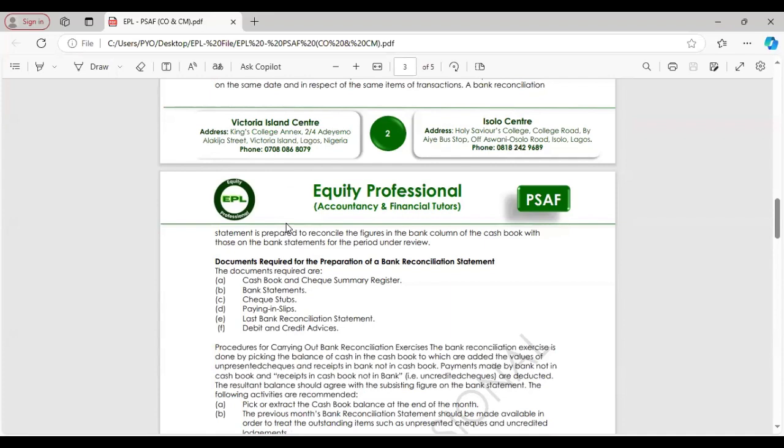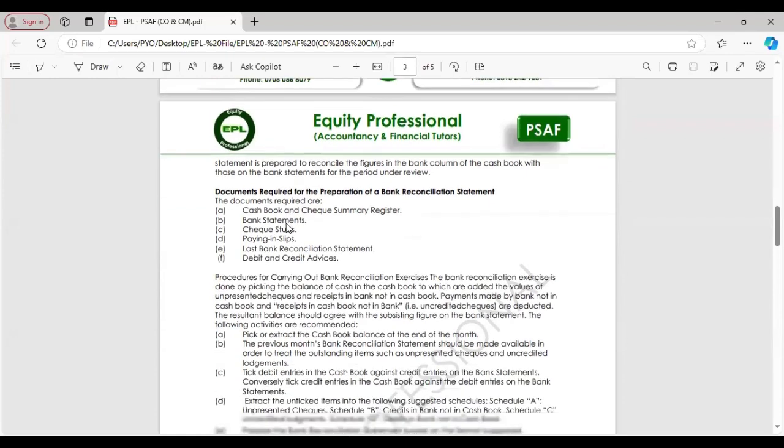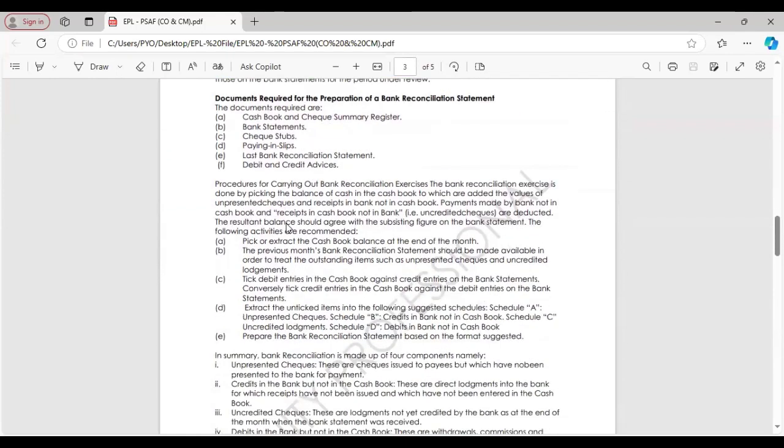You need bank statements, you need cash book, you need check summary, you need check stub, you need pay-in slip, you need last bank reconciliation statement, you need the debit and credit advice. Those are the steps you are meant to take when you are reconciling your account. You have what we call previous month's bank statements. You need to check your previous bank statement.